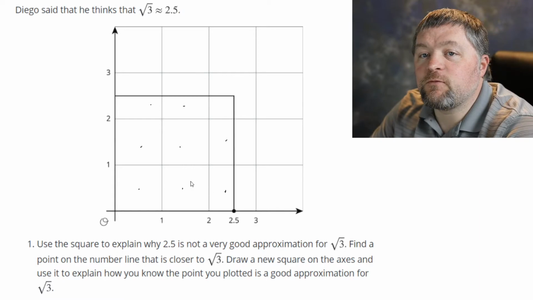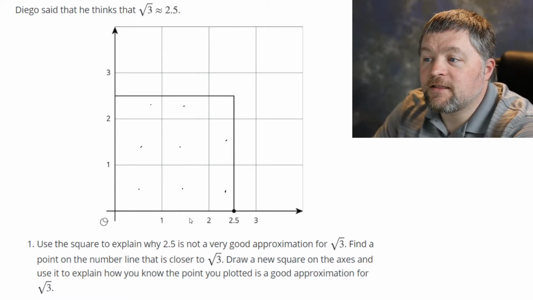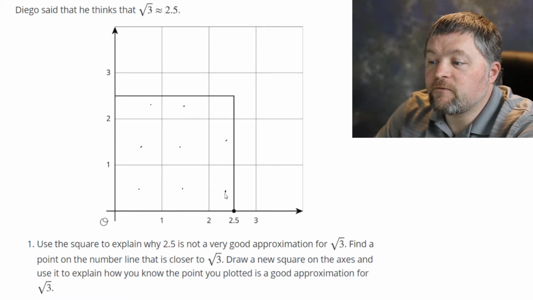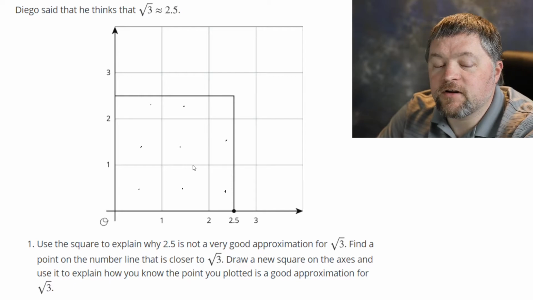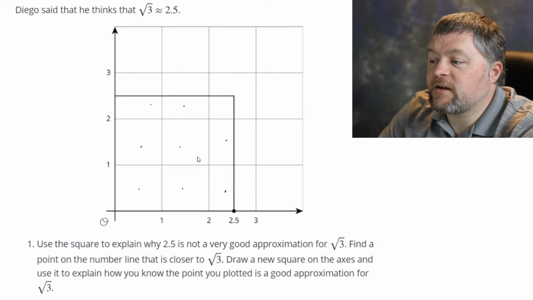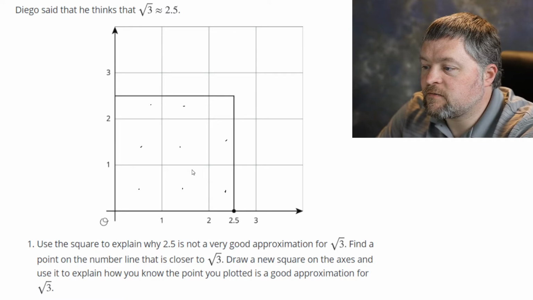Which would mean we want a square that has an area of 3 units. Well, how do we find a square with an area of 3 units?